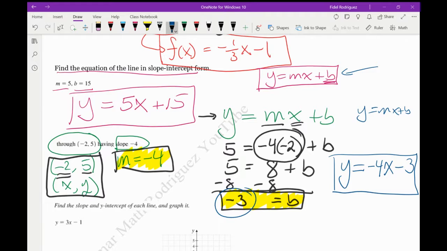So really what we're doing here, guys, is we're still using that y equals mx plus b format, right? The first problem that we did, where m is 5 and b was 15, all we had to do was take those numbers and plug them in. We didn't really have to do much else, right? Because we're just putting it in the y equals mx plus b format.